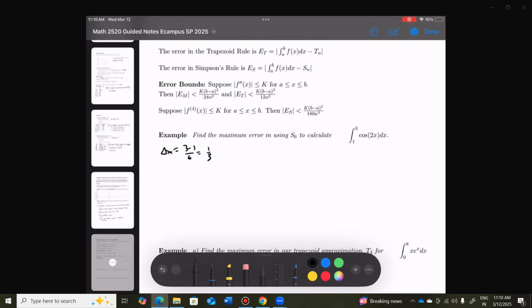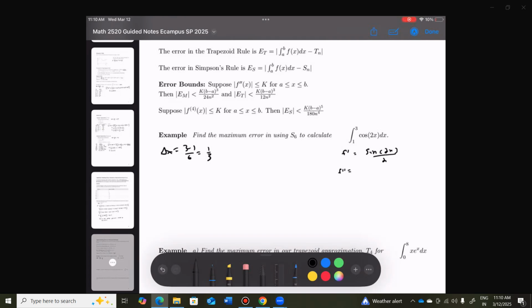And so our derivatives: the first derivative would be sine of 2x over 2.